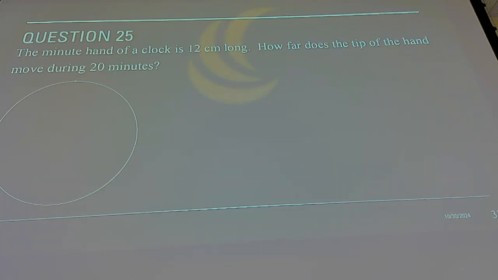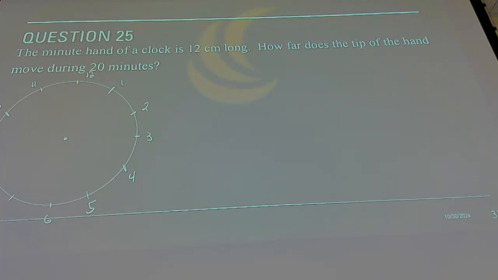The clock represents 12, 3, 6, 9. Where the minute hand starts doesn't matter. What matters is it's going to go through 20 minutes. So let's just go with the standard and start it at 12.